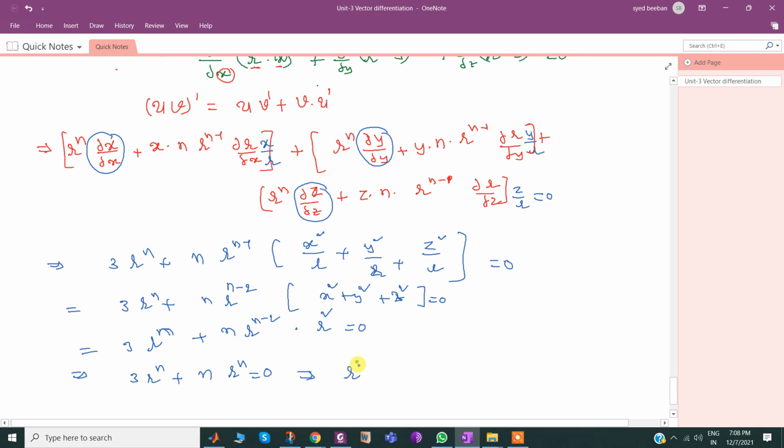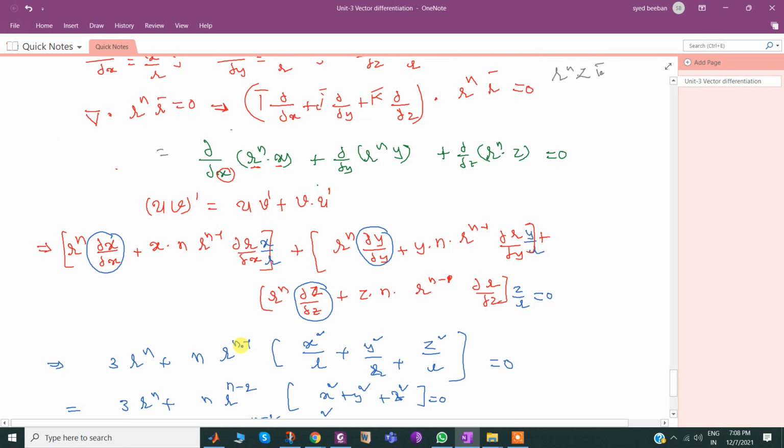Further, r^n is taken common, 3 plus n equal to 0, which implies n equal to minus 3. For n equal to minus 3 only, that will be solenoidal. That is the meaning of that.